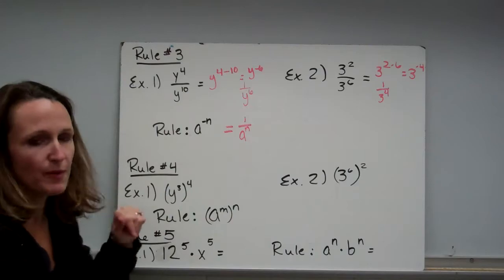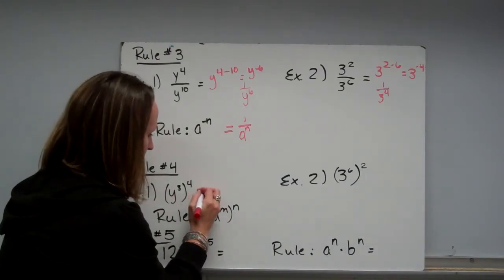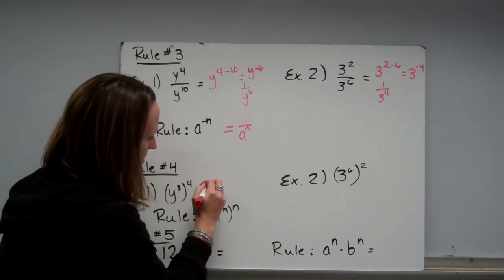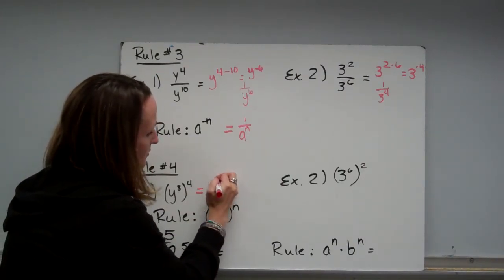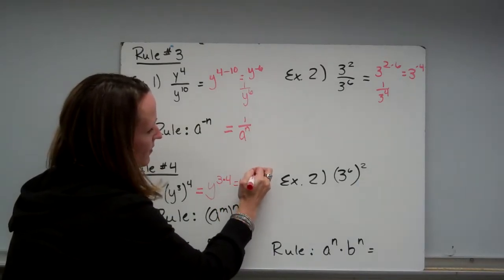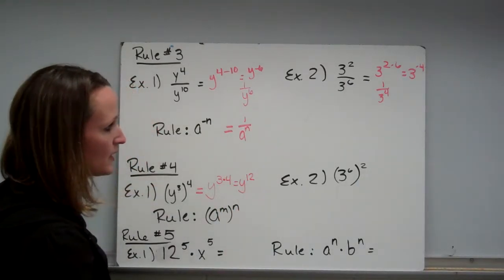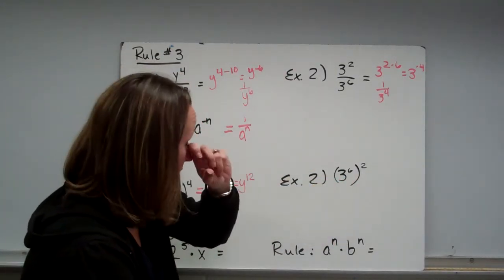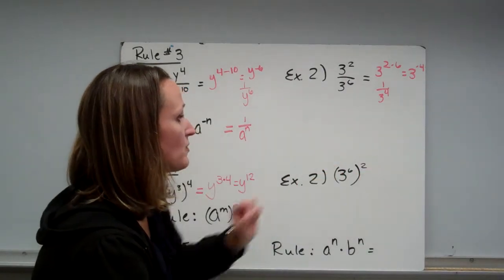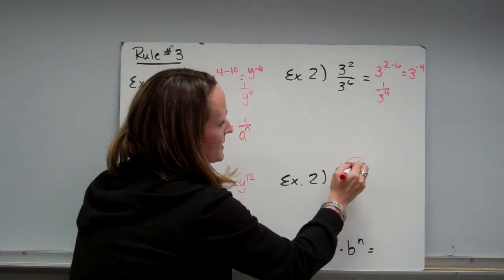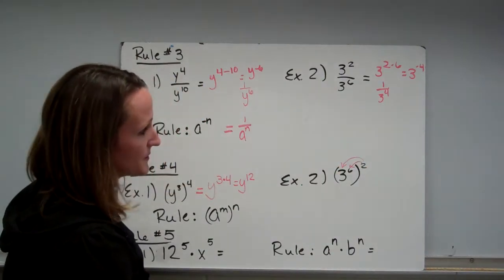When you have a power to a power, you multiply those exponents. So y to the 3rd taken to the 4th power is the same as y to the 3 times 4, or y to the 12th power. Here, if you have a number taken to a power, you've got to distribute this and do 3 squared to the 6th, all to the 2nd power.